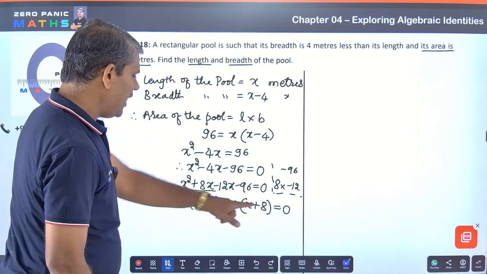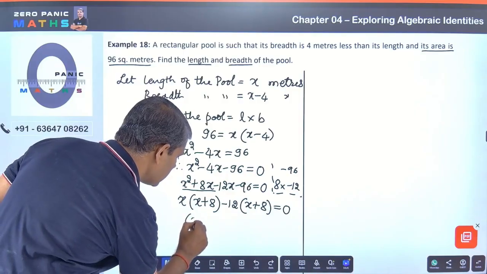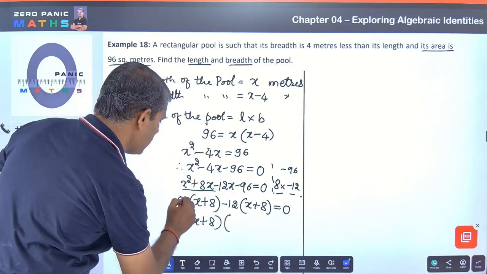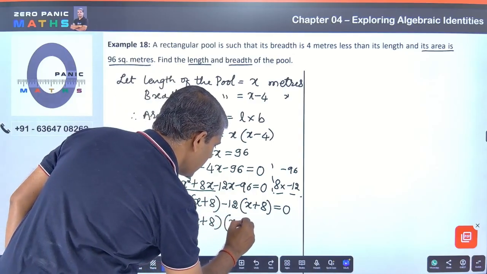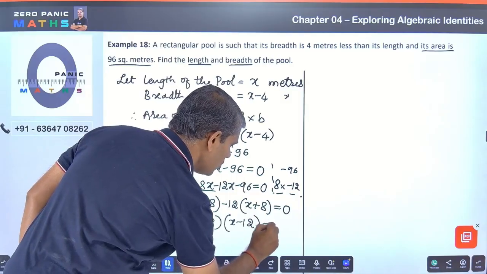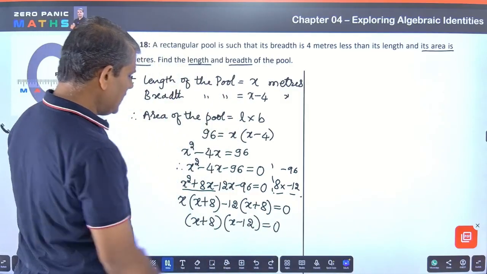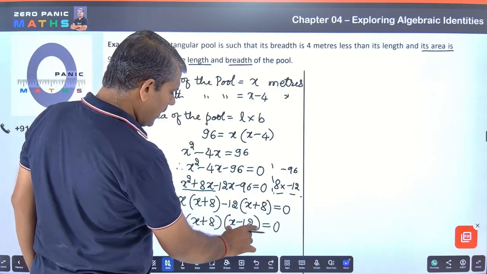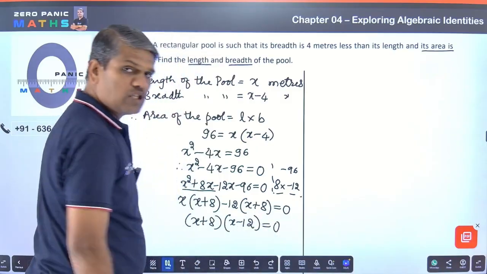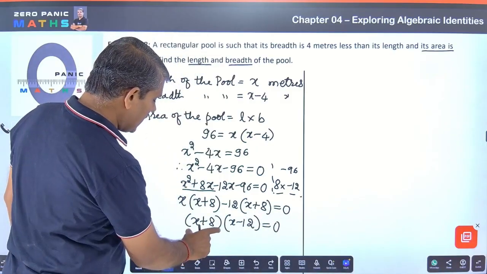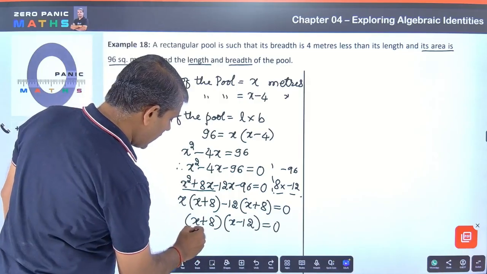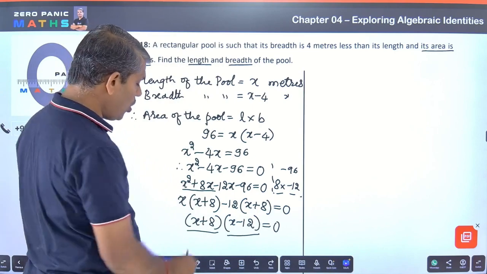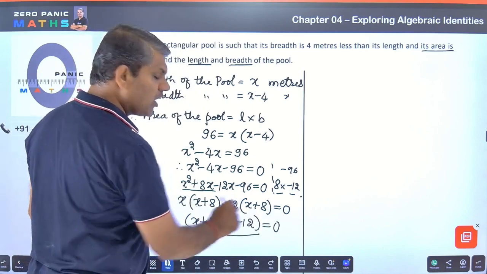Again x plus 8 is the common thing, I'll take it as common. What remains inside is x minus 12 is equal to 0. Now this equation says that x plus 8 multiplied by x minus 12 is equal to 0. It means that either x plus 8 should be 0, or x minus 12 should be 0 to make this whole expression equal to 0.